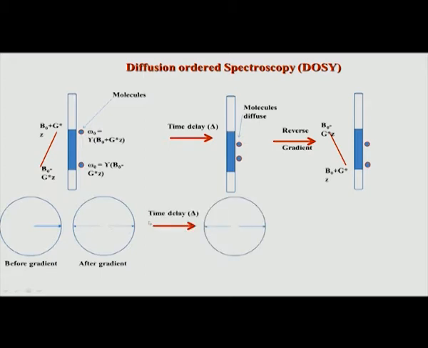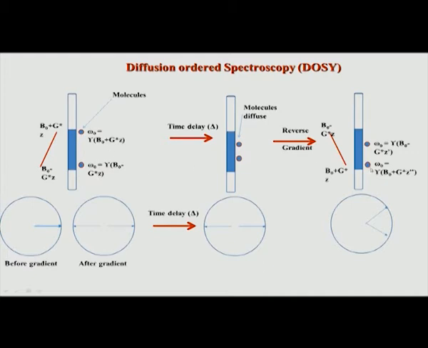Now when I apply the gradient delay, this phase does not change, because the phase has nothing to do with the molecule movement, it just remains like this. But now when I apply a reverse gradient, because the positions have changed, we can see here Z dash and Z double dash, just saying that these 2 molecules are no longer at the same location or position as before.